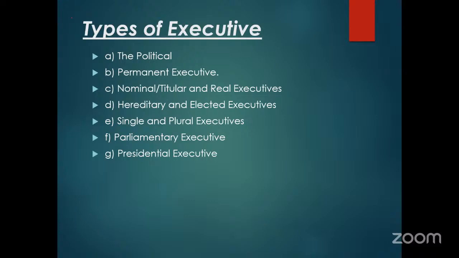Those who are hereditary come through birth, through their father. For example, in Britain, Japan, and Malaysia, there are hereditary chief executives. Whereas in India, USA, Germany, and many other countries, we have elected chief executives.